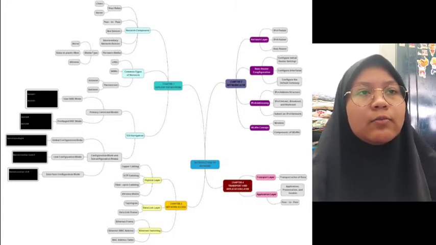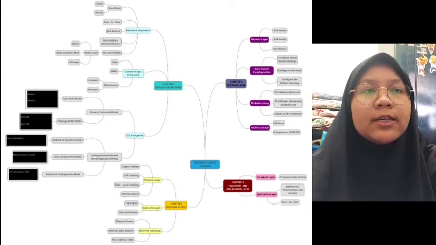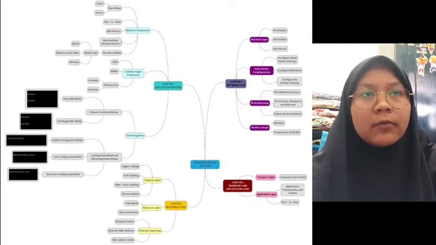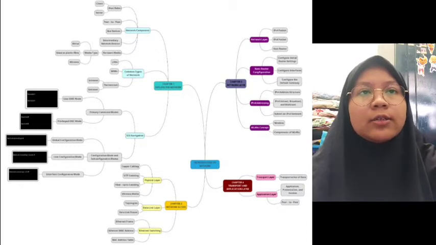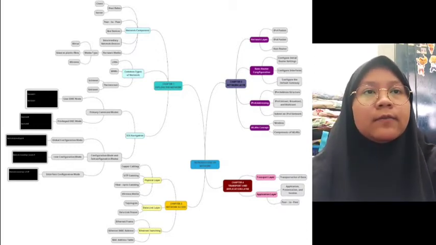So let's move on. What is physical layer? Physical layer transports bits across the network; it accepts a complete frame from the data link layer and encodes it as a series of signals.